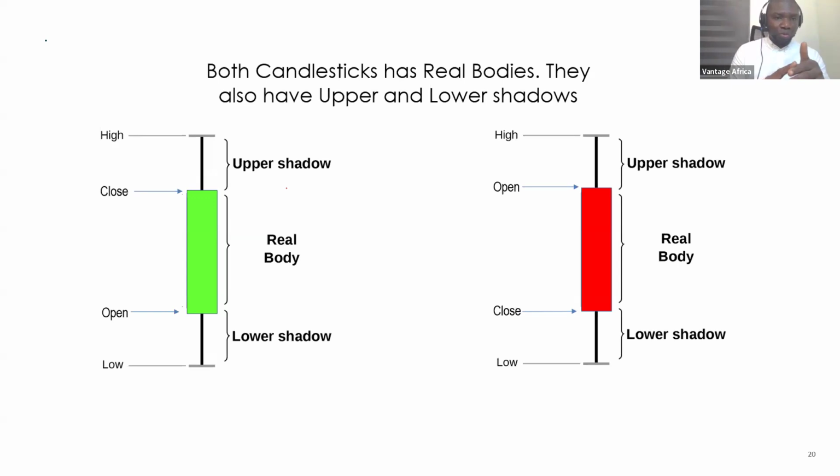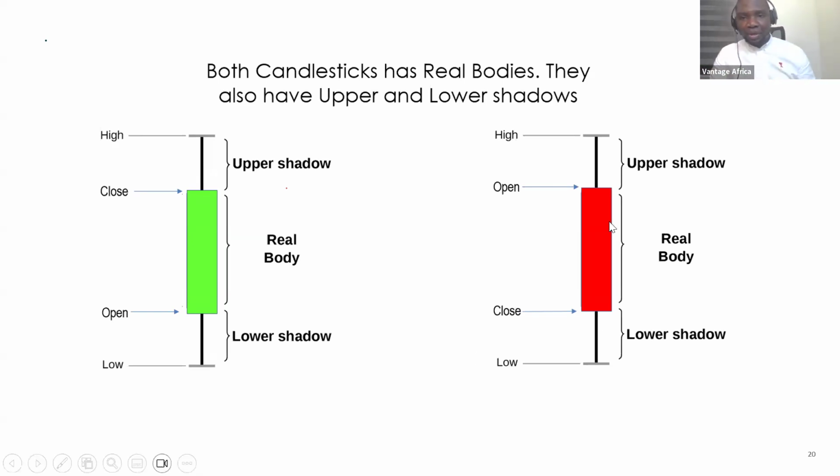So you can see how it is represented here. For a green candlestick, you have an open, a close, a high, and a low. I'll show you the order of that soon, but this is just a general overview of what a green candlestick looks like.